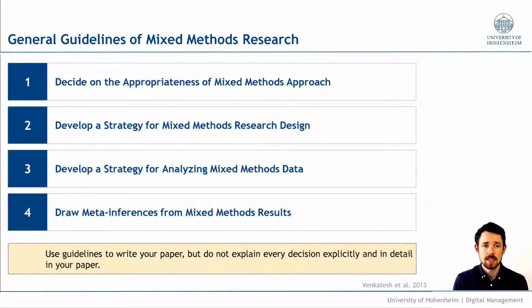Lastly, please use guidelines to write your paper, but do not necessarily explain every decision explicitly and in detail in your paper. You can demonstrate that you know why mixed methods research is necessary, in which context. You can demonstrate your purpose. It is not necessary to show every aspect in a written form.